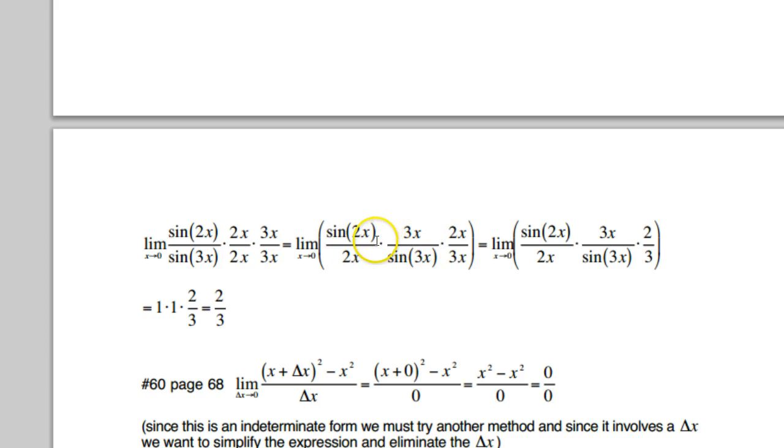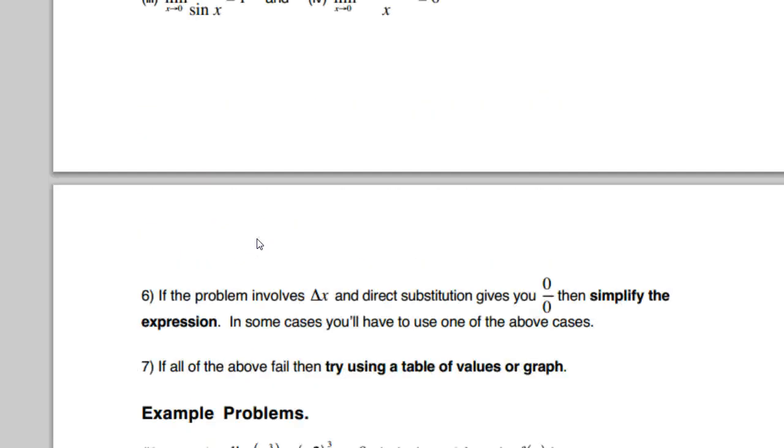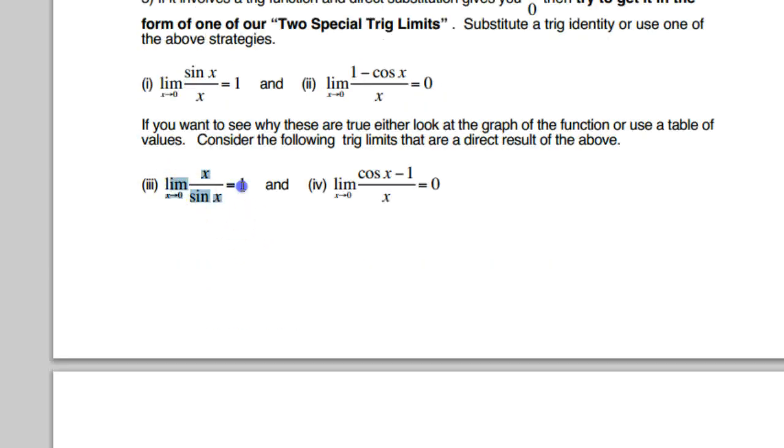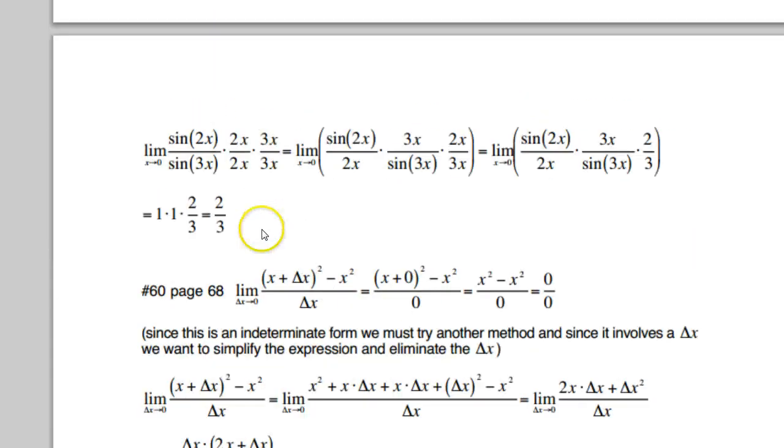Right here, the limit as x approaches 0, and if you remember, there was one that looked just like this one up here. Let's go back to it. Where is it? There it is. So this equals 1, so that's a good thing that we got that. Now this one isn't x and x, this is 2x and 2x, but as long as they're the same, this works.